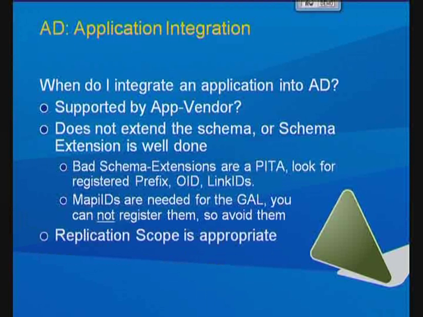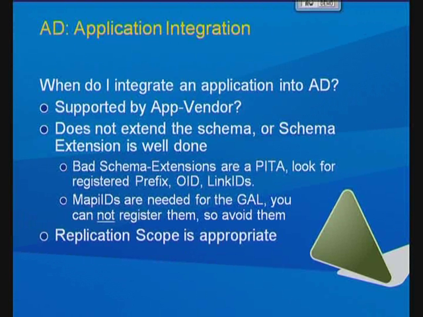The next thing about application integration in Active Directory is that the replication scope is appropriate. Like I said, putting all Microsoft faces in their Active Directory is an appropriate place if you have a client application which is accessing it decentralized.